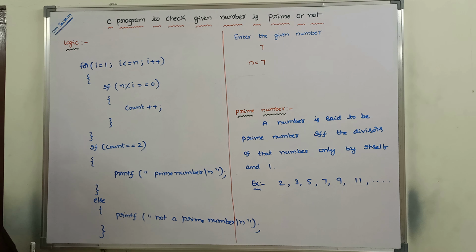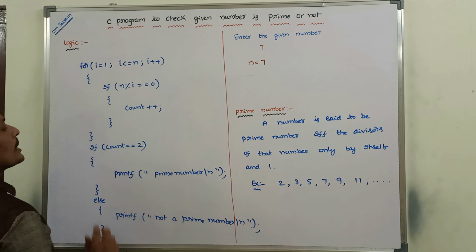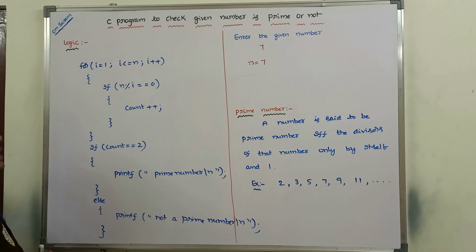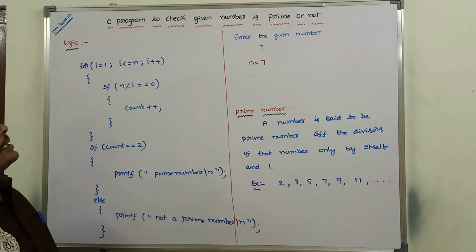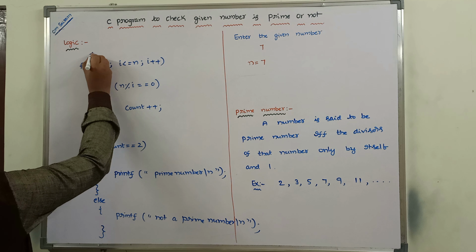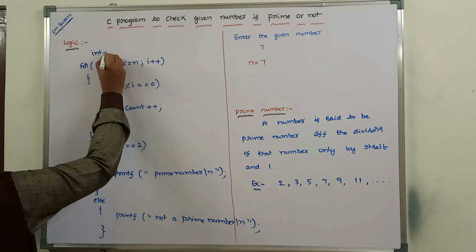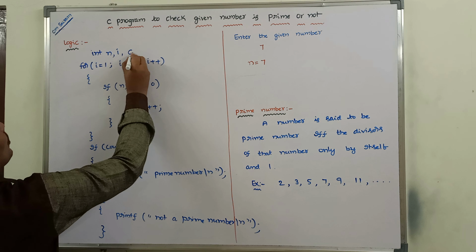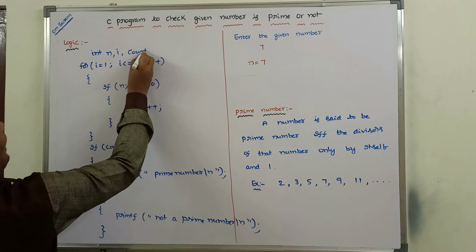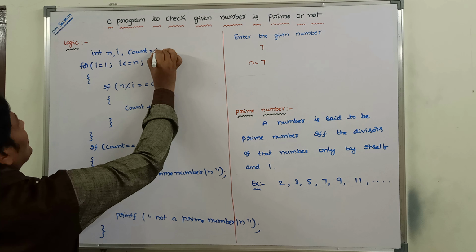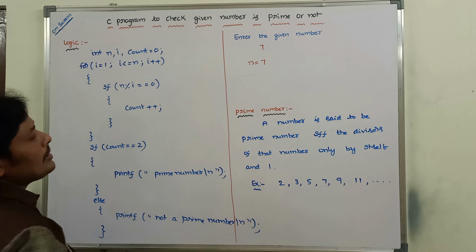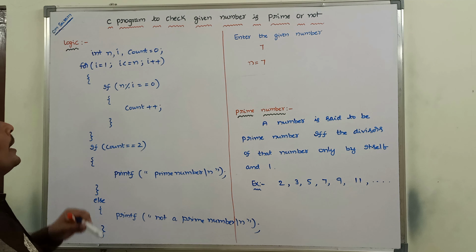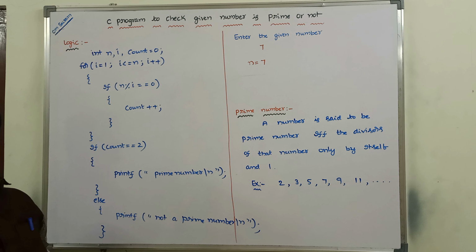Here i is one variable, n is one variable, and count is another variable. These are the three variables used in the logic. So here we declare int n, i, and count, where initially count can be taken as 0. These are the three variables we have to declare first.